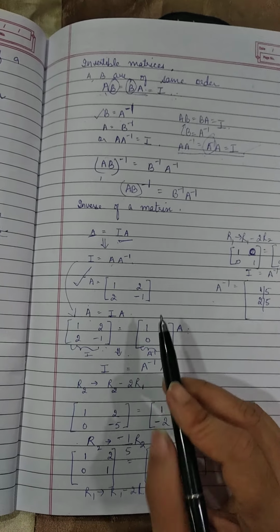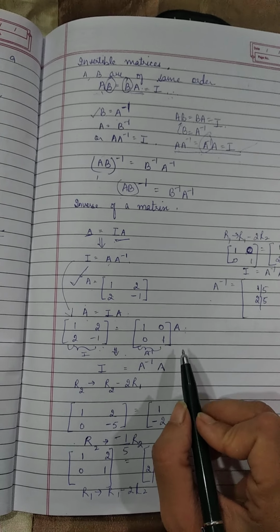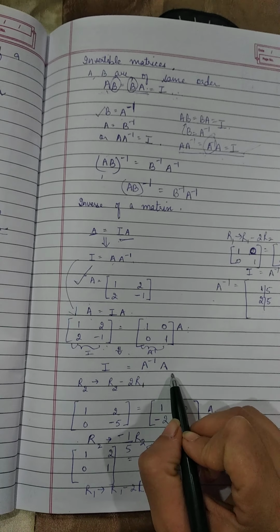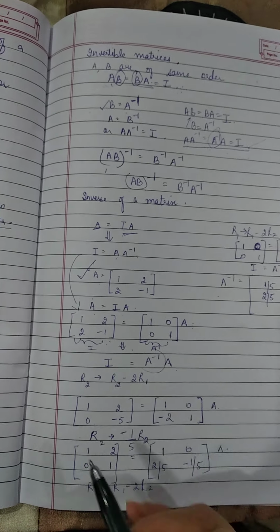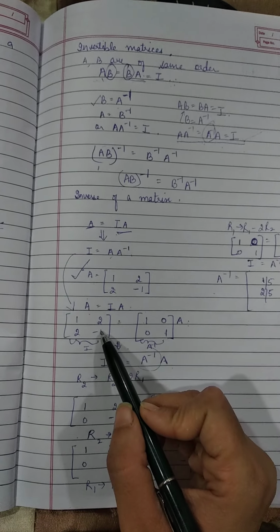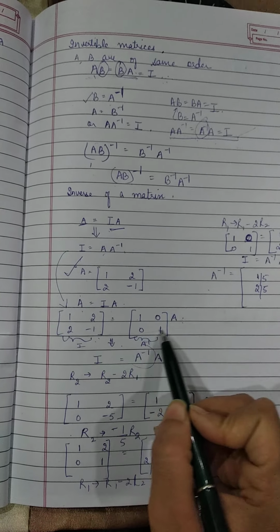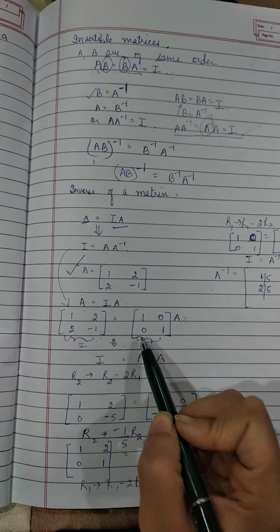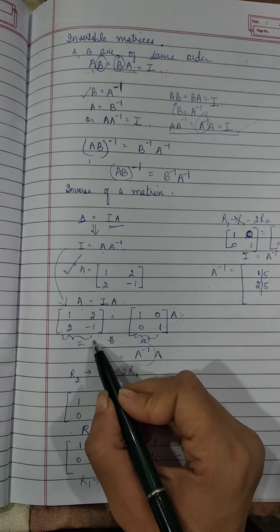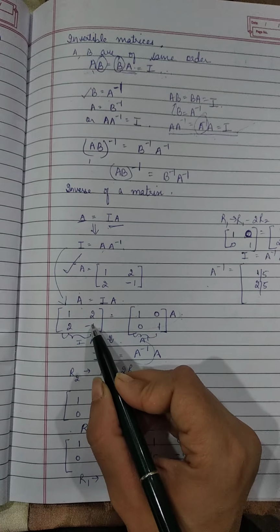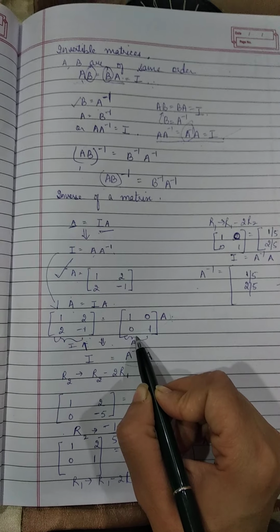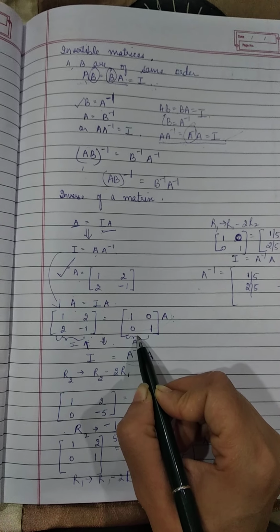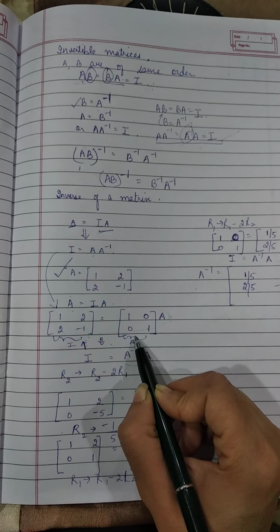Now I will use the second condition, that is I is equal to A inverse A, to calculate the inverse of a matrix. So I will try to convert this representation into the inverse. How? I have to convert this into an identity matrix and this into an inverse following the elementary operations, right?